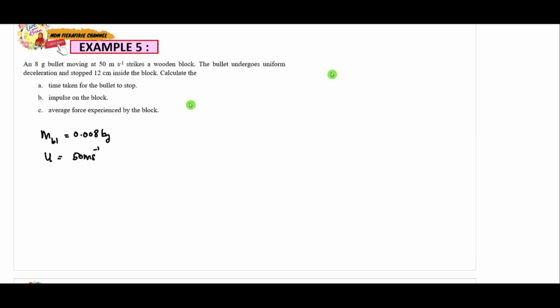Okay, so let's say this is the diagram. So let's say this is the wooden block and this is the bullet. Okay, so the bullet will move in this direction. And the bullet undergoes uniform deceleration and stops 12 cm inside the block.